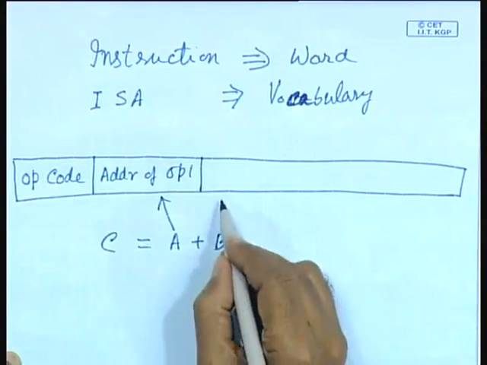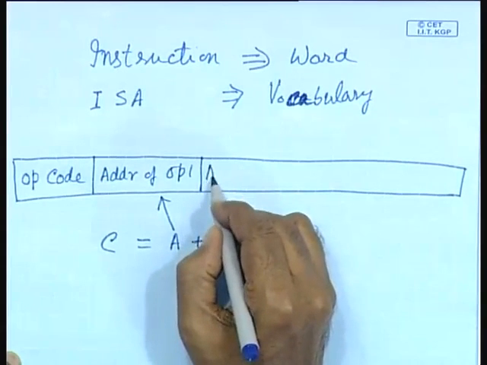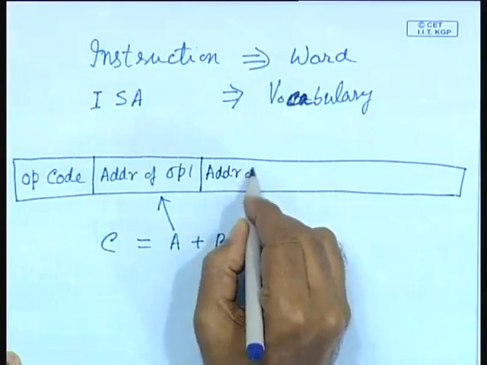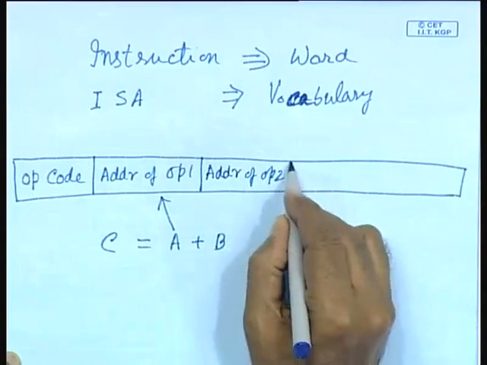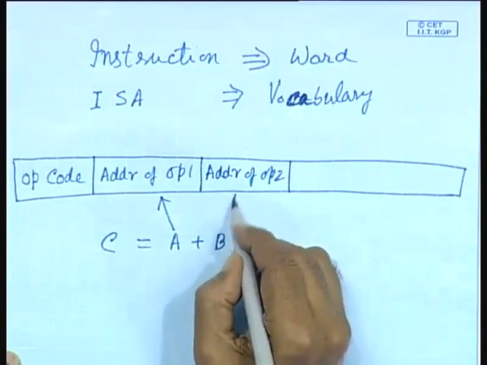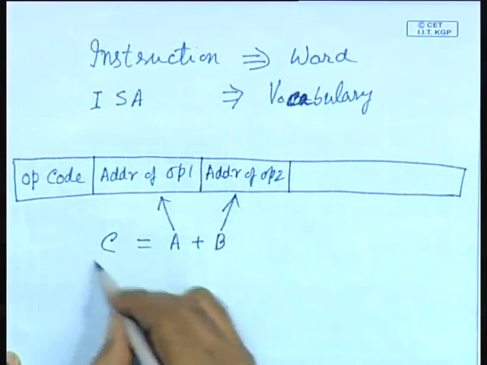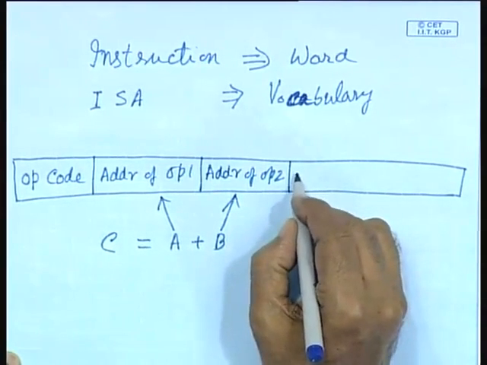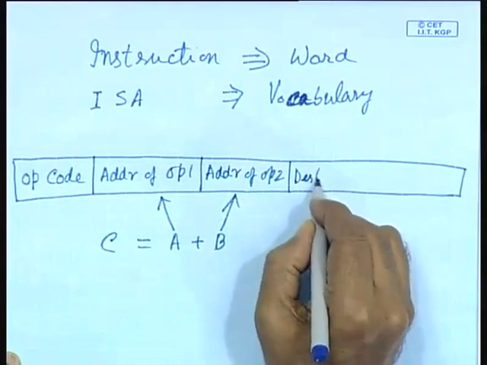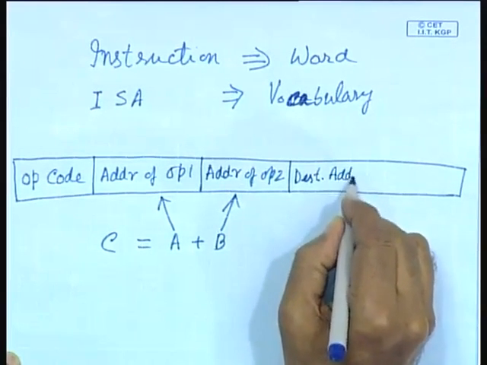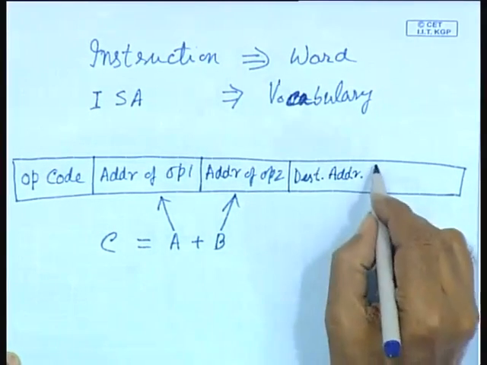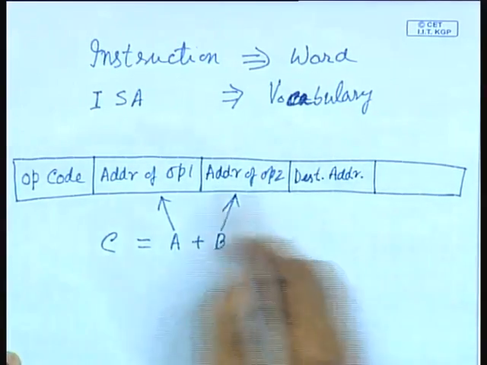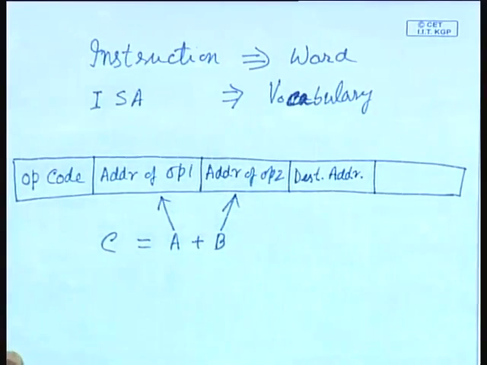Then comes the question of where from you will get B. So address of operand 2. Third, you have to store this result somewhere, the value of C. So that is known as the destination address. So these are the four things an instruction should convey to the processor.